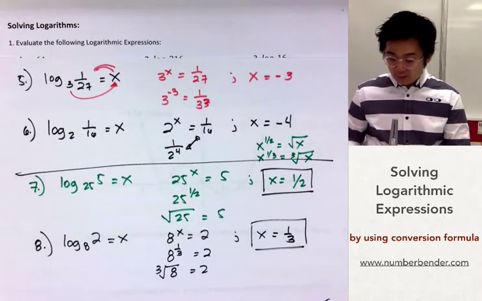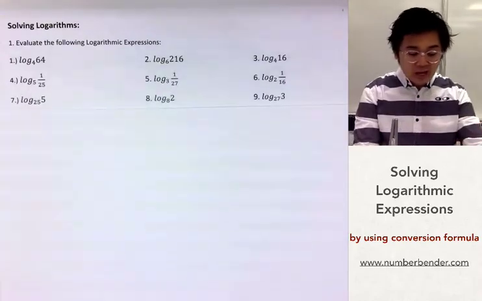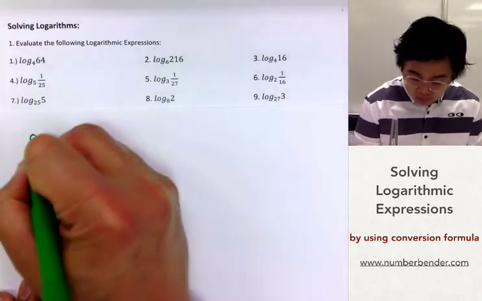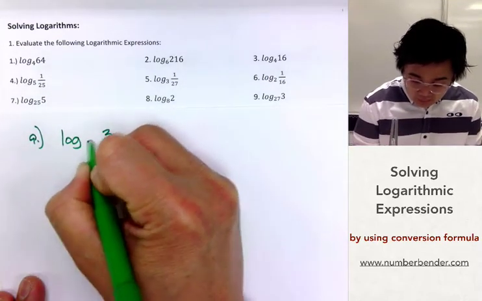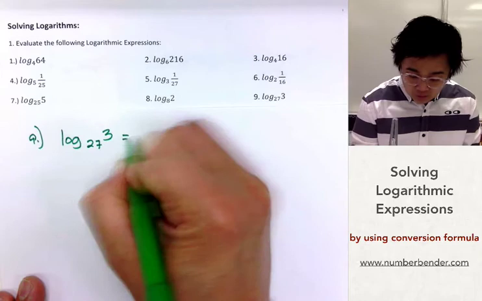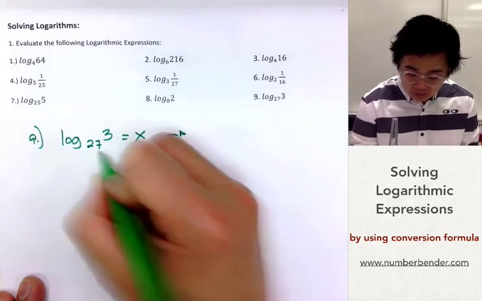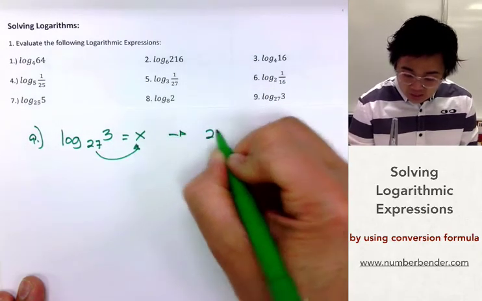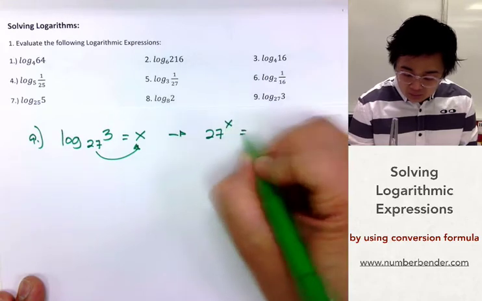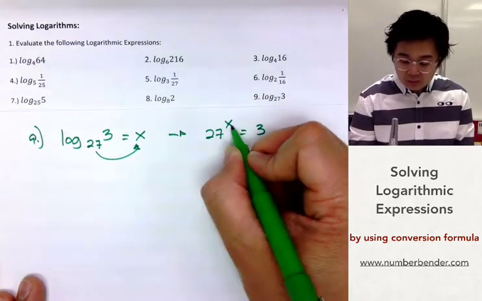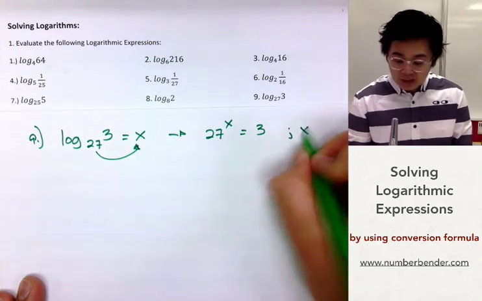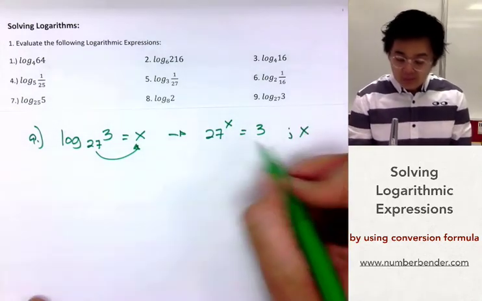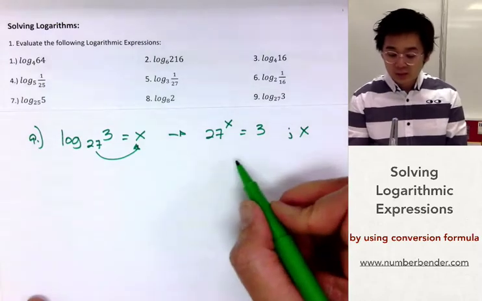So with that, problem number 9, if I have logarithm of 3 base 27 and equate it to x, we'll change it into 27 raised to x equal to 3. Bigger number raised to an exponent equal to a smaller number will be a number that will be a fraction, or an exponent that is going to be a fraction.